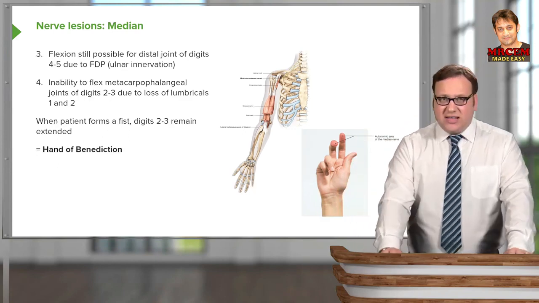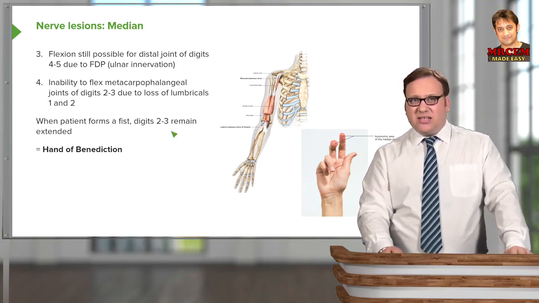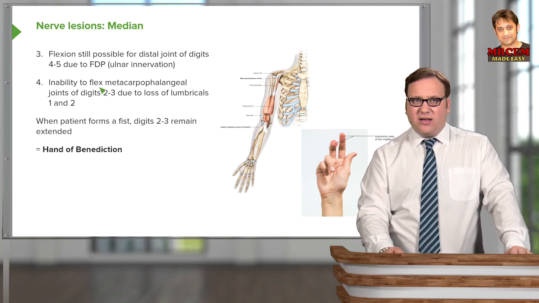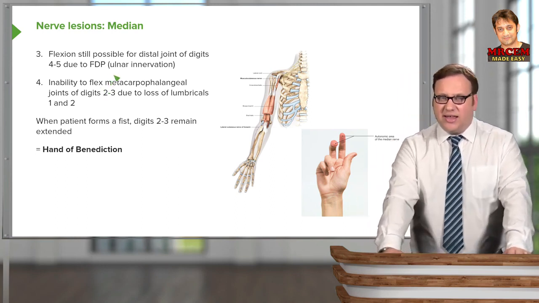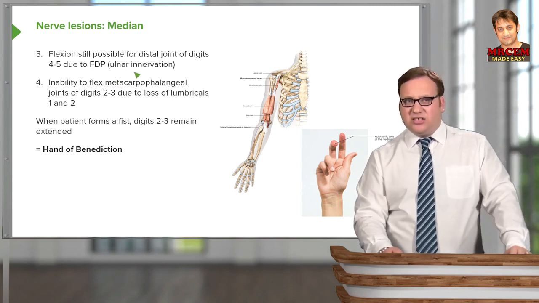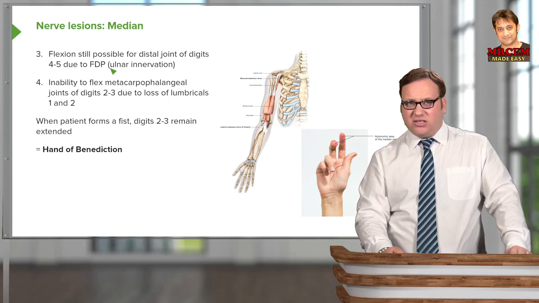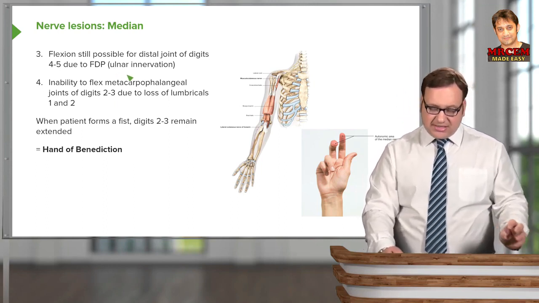You'll also be able to see that flexion will still be possible at the distal joints of digits 4 and 5 due to the flexor digitorum profundus having the ulnar innervation. Because the tendons that pass to digits 4 and 5 from flexor digitorum profundus are from the ulnar nerve, these are going to be spared.